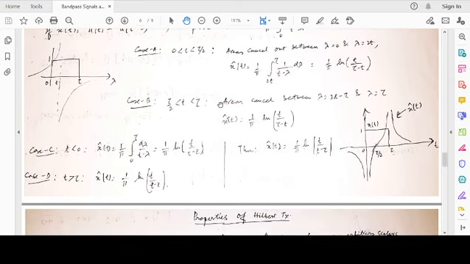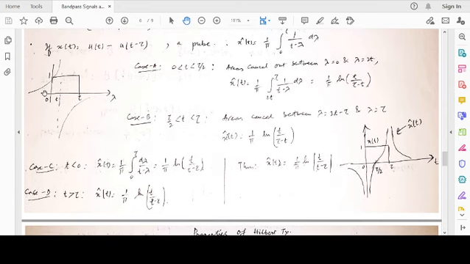Okay. Now coming to the case where t is less than 0, or t is greater than tau. This is case C and case D. t is less than 0. If t is less than 0, let me shift here. The singularity is located for t less than 0.